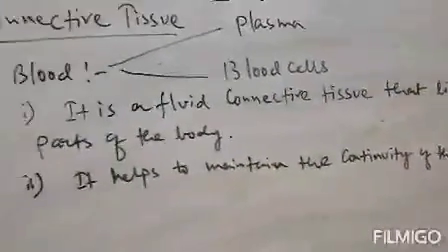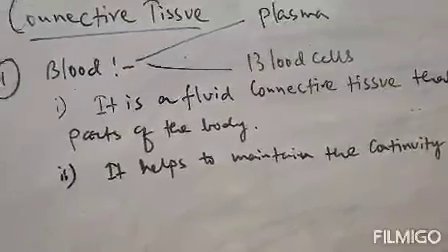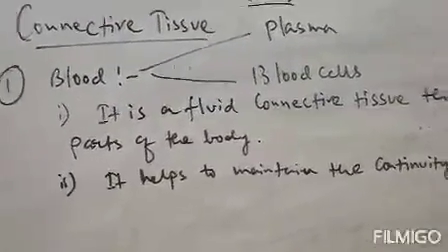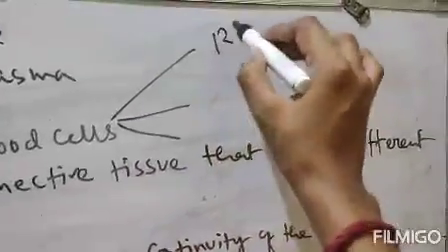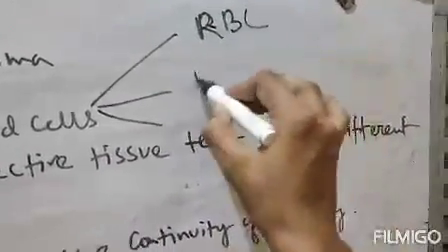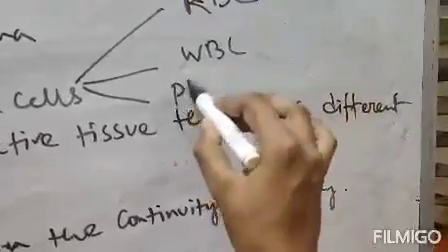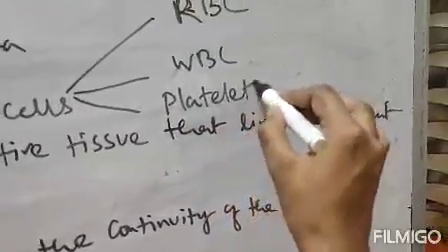Blood cells. Clear? Now blood cells are further classified into 3 parts: one is RBC, one is WBC, and one is platelets.